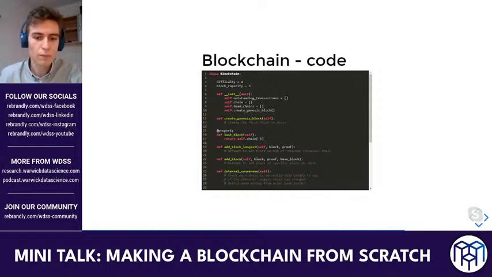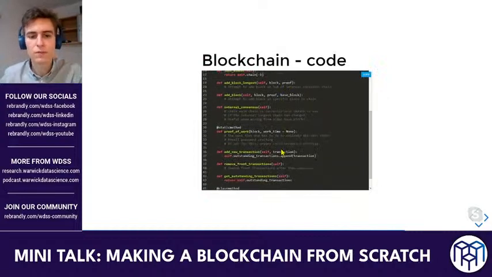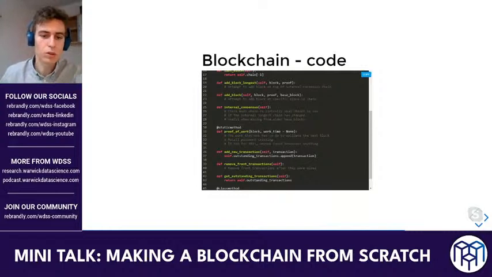We start from something, and here the most important pieces of functionality are: you can add blocks, right? I have two functions, adding blocks to the longest chain and adding blocks somewhere else, anywhere really, because you can do that, but it'll be harder for you to push that information out there.